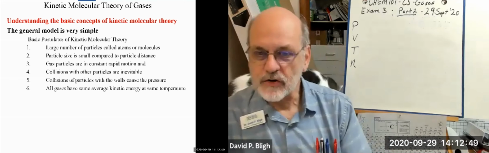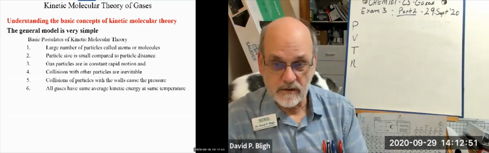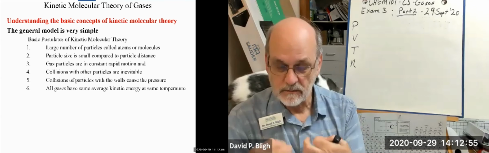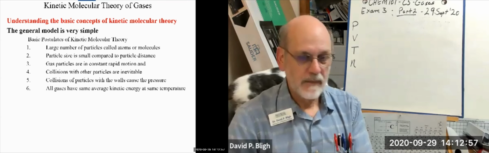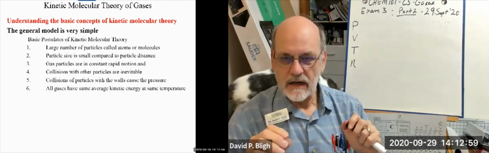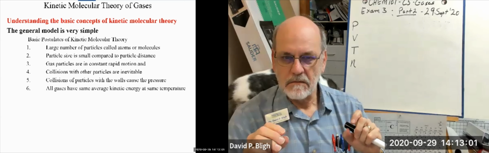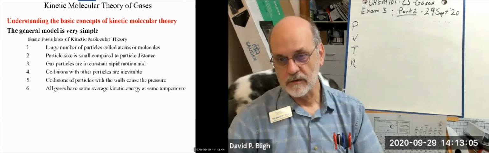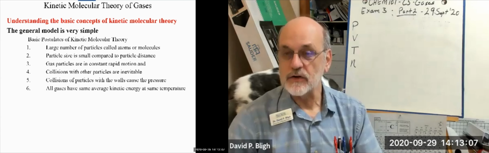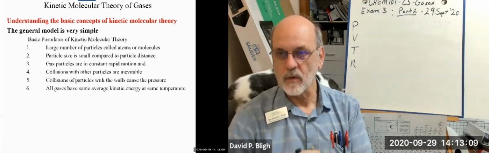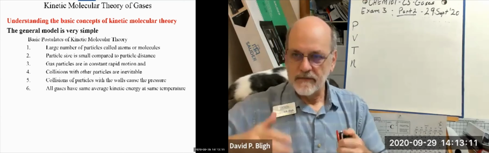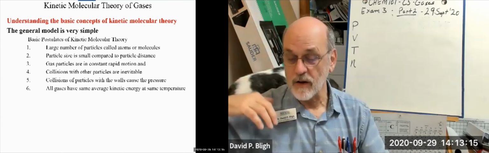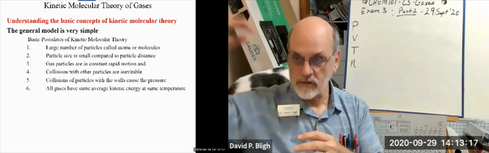Now, because we can't count individual ones, and we can't calculate the kinetic energy of individual molecules, we take an average kinetic energy for the molecules, and that is related to temperature. In other words, as the temperature goes up, the average kinetic energy of all the molecules in that container goes up.